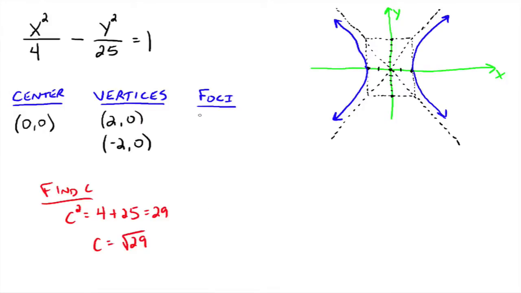Don't forget the foci are located here and here, so we're adding to the x part of the center. 0 plus the square root of 29 is the square root of 29, comma 0. And 0 minus the square root of 29 is negative square root of 29, comma 0. That's where the 2 foci are located.